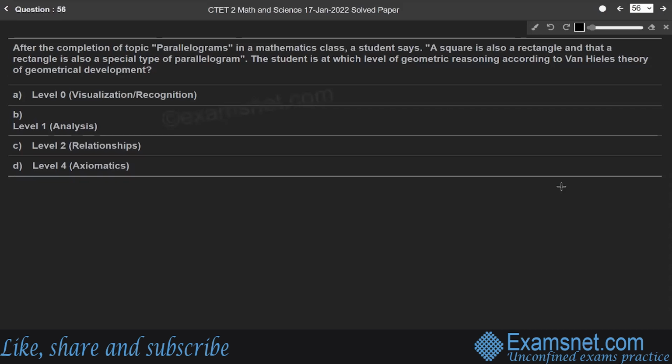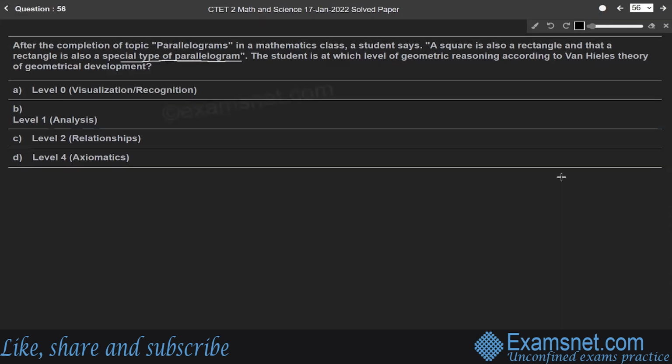Question 56. After the completion of topic parallelograms in a mathematics class, a student says a square is also a rectangle and that a rectangle is also a special type of parallelogram. The student sees that which level of geometric reasoning according to Van Hiele's theory of geometrical development. So here the Van Hiele's theory explains how children learn geometry.